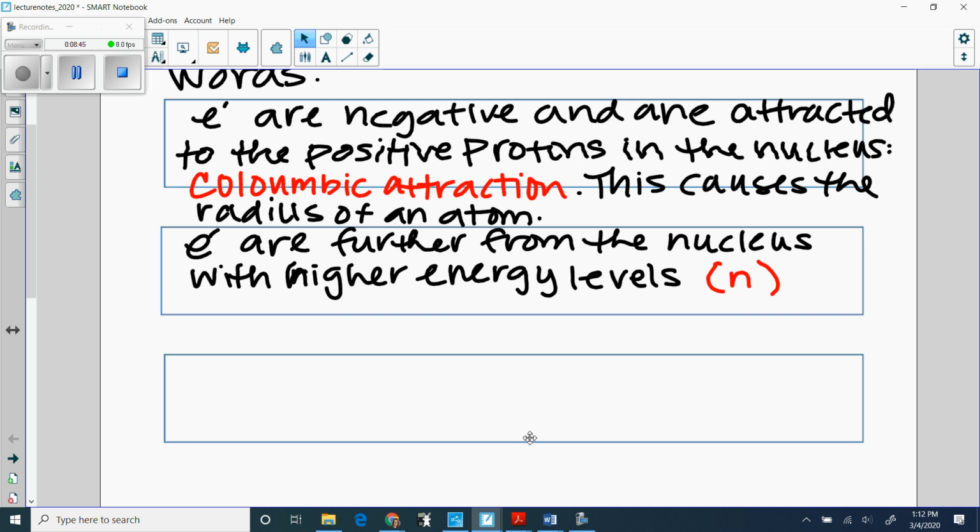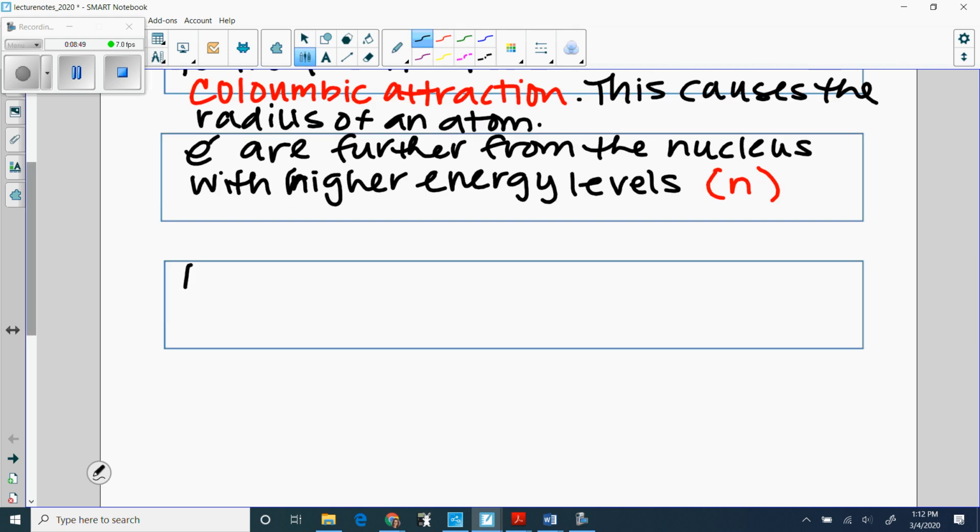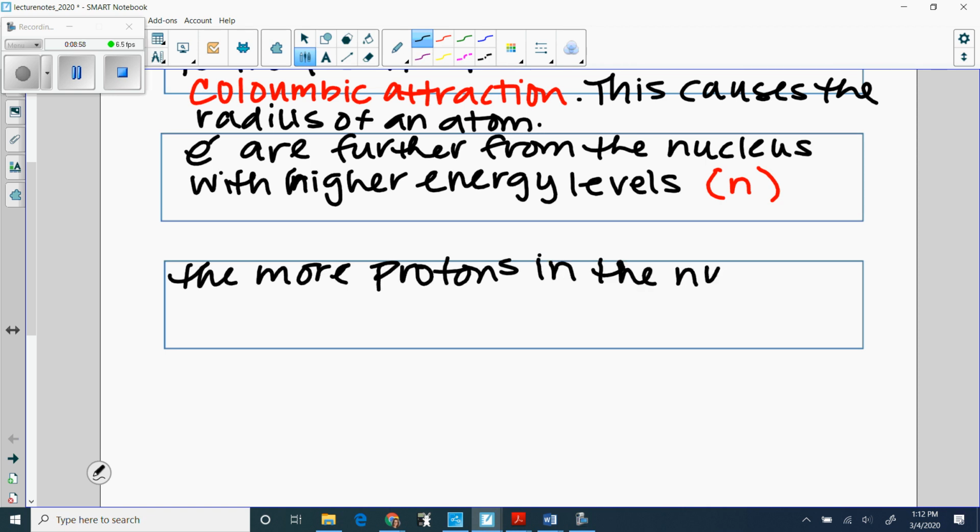Okay, the last box. The more protons that are in the nucleus, vocab, we call that Z as in zebra, effective.